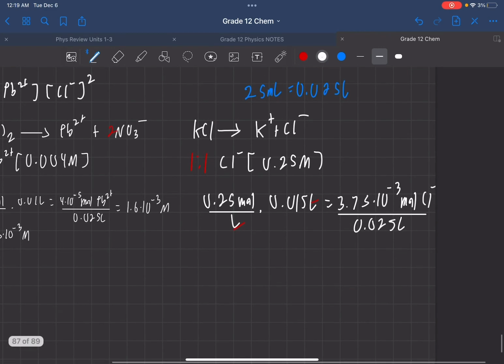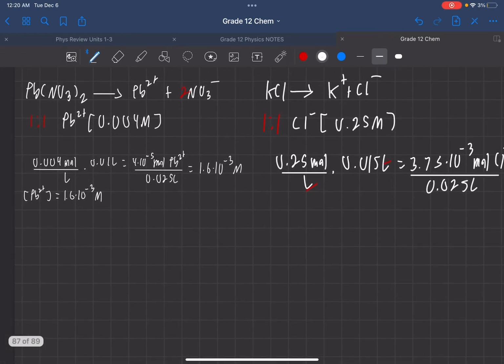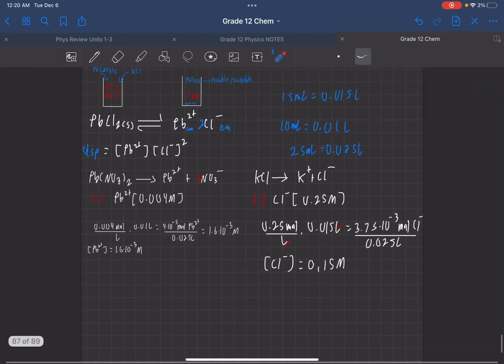So we divide by 0.025, and we get a Cl minus concentration equal to 0.15 molar.